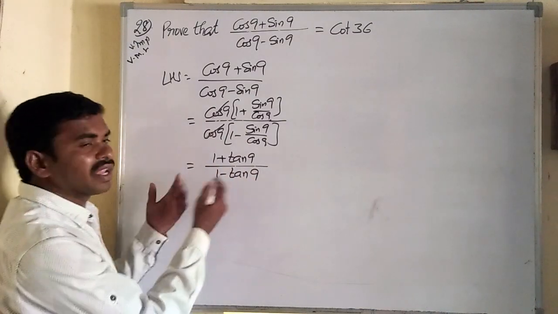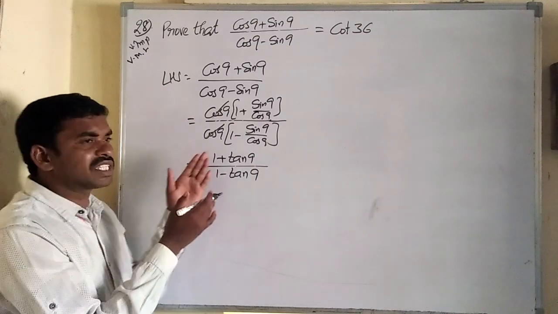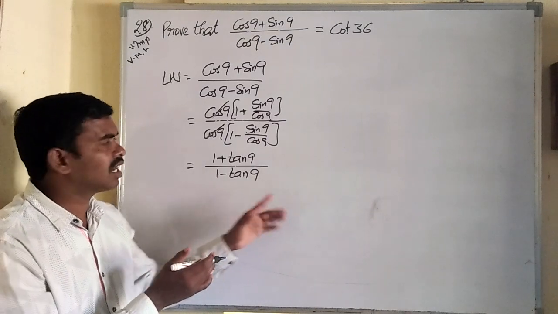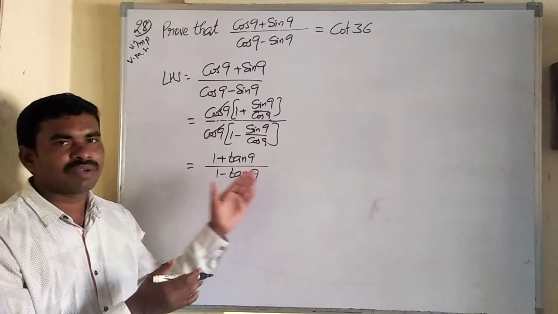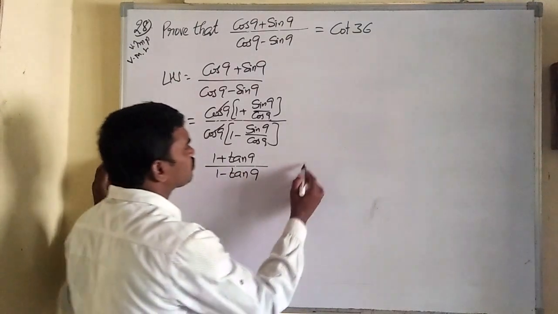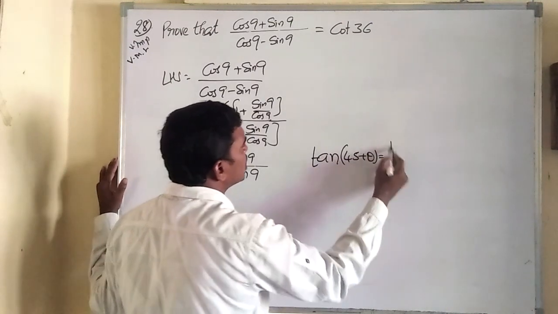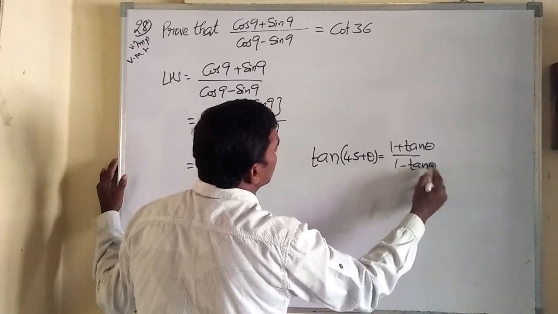Now, which formula can we apply? This is the form of (1 plus tan theta) by (1 minus tan theta), tan of 45 plus theta. Just now I told you it can be derived from the tan of a plus b formula. So tan of 45 plus theta means (1 plus tan theta) by (1 minus tan theta).